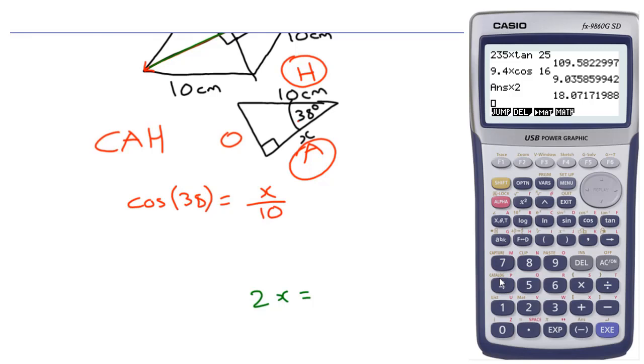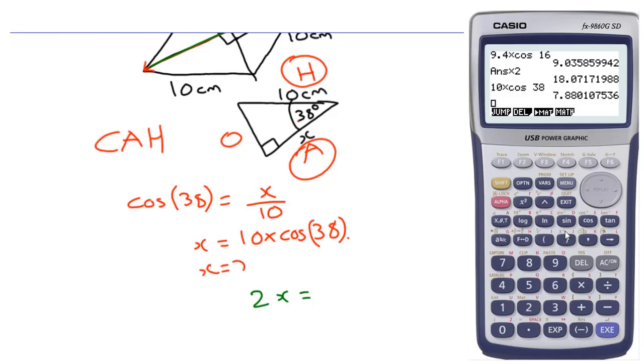So that must mean that x, if we just multiply both sides by 10, is 10 times cos 38. So we go to our calculator. 10 times cos 38, and that gives us 7.88.